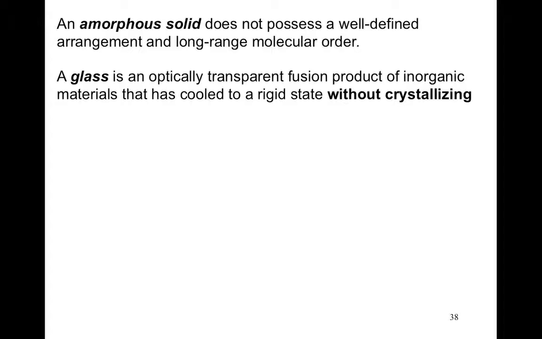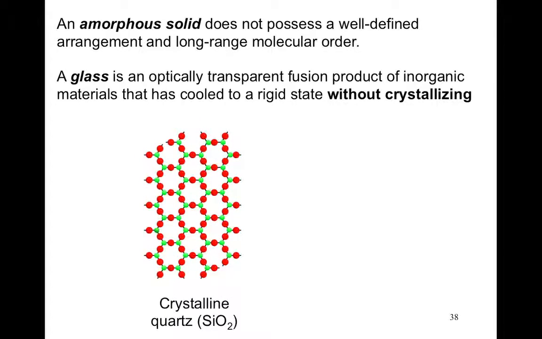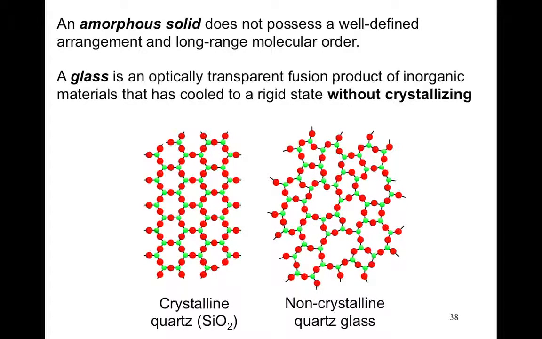So glass is an amorphous solid. There's crystallized quartz, silicon dioxide, and non-crystallized quartz glass. In the difference between quartz and quartz glass, you can see the molecular structure here is pretty random, and here it's very linear, logical, and well organized. So there's a difference between a solid and a glass.